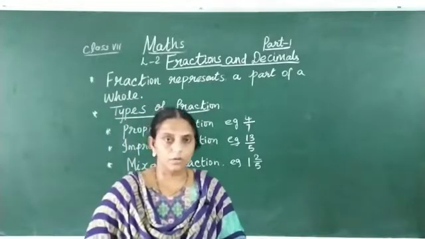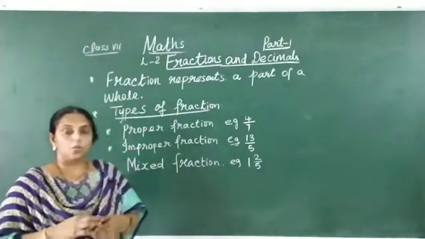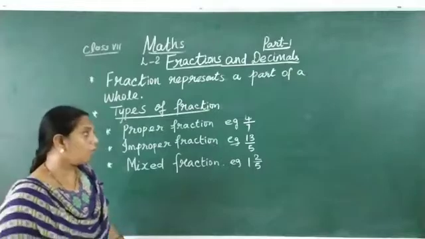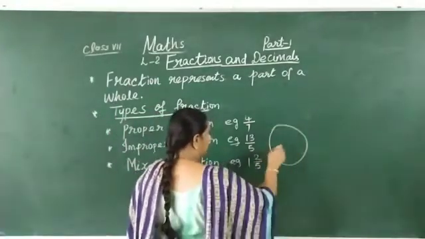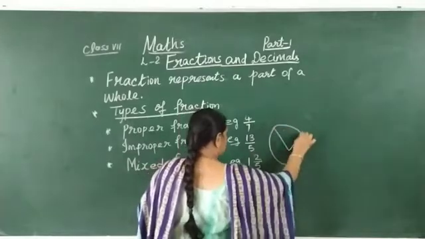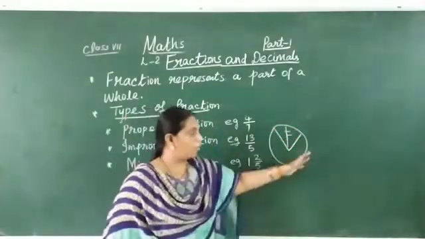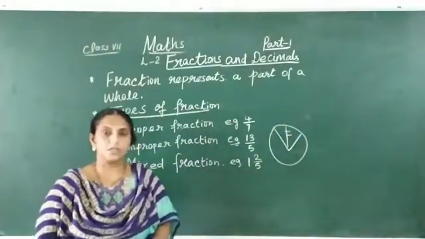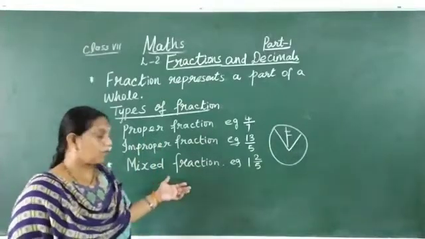Now we will go for topic 2, fractions and decimals. What is a fraction? A fraction represents a part of a whole. If I take a circle like this, this one part from the whole is a fraction. The types of fractions are proper fraction, improper fraction and mixed fraction.